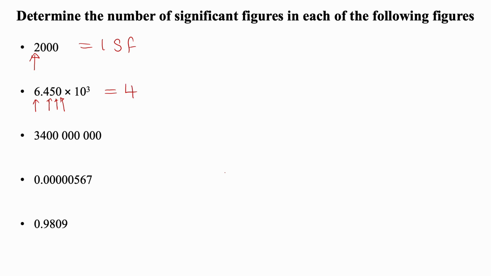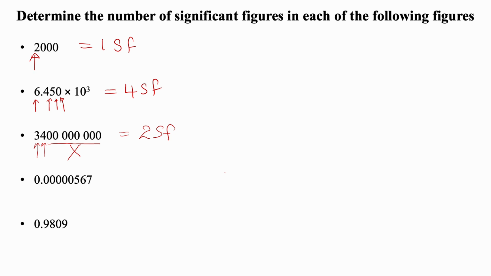Therefore, there are 4 significant figures here. And the next number, there are several zeros mentioned. However, since there is no decimal place after these zeros, these zeros are not significant. Therefore, only 3 and 4 are the significant numbers here. You have only 2 significant figures.